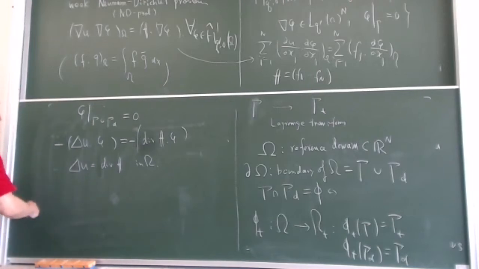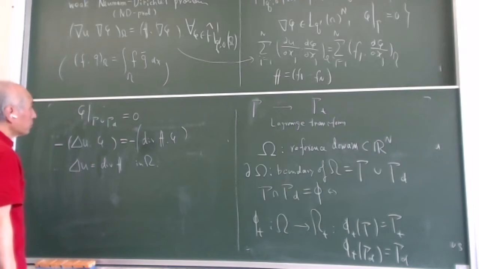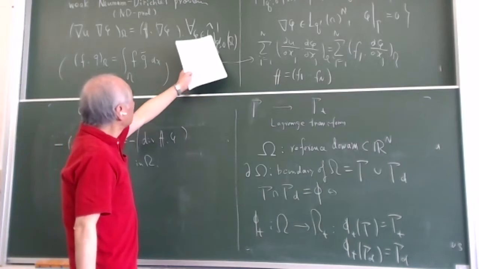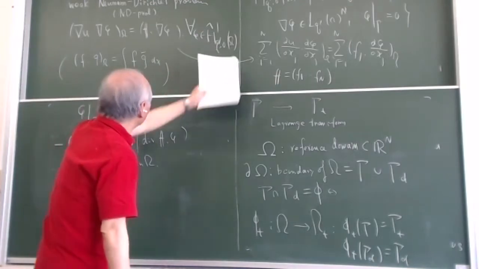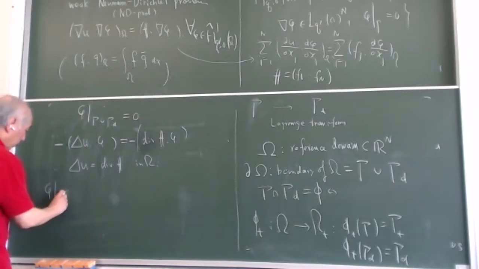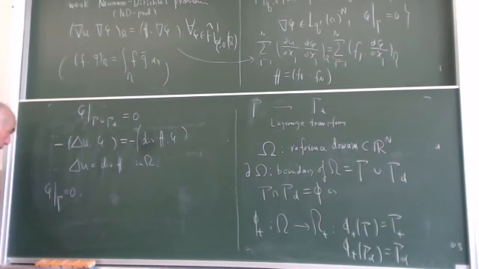Actually this phi belongs to the space with zero, which means that phi is 0 here.